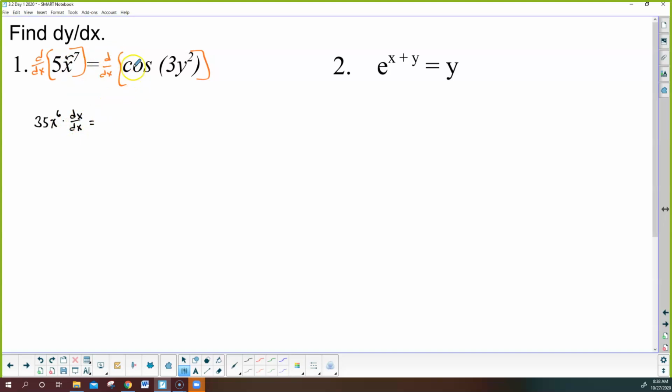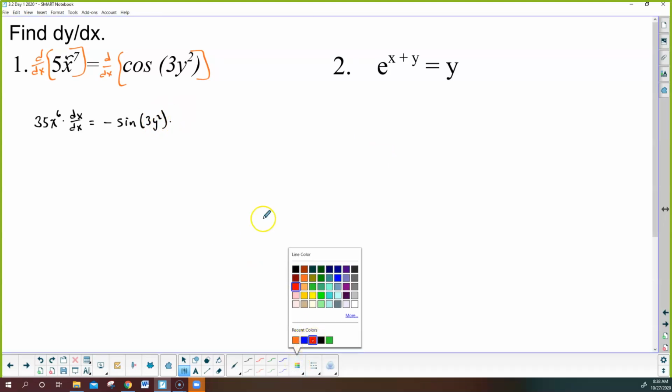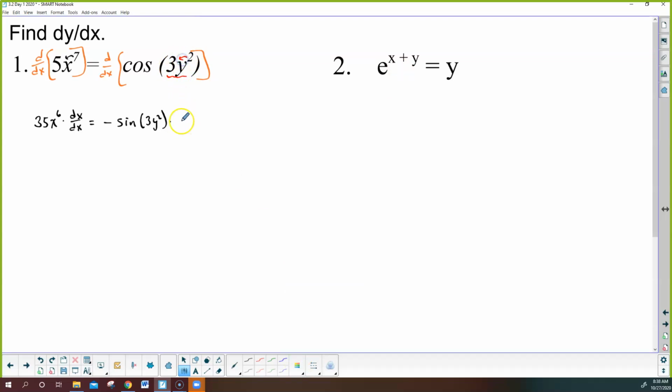Now I have to take the derivative of this left piece, where there is a chain rule. I've got my outside function, which is cosine, so its derivative is negative sine. We're going to leave the inside, and then multiply by the derivative of the inside. Well, the derivative of 3y squared, the 2 comes down, that's 6y to the first power.